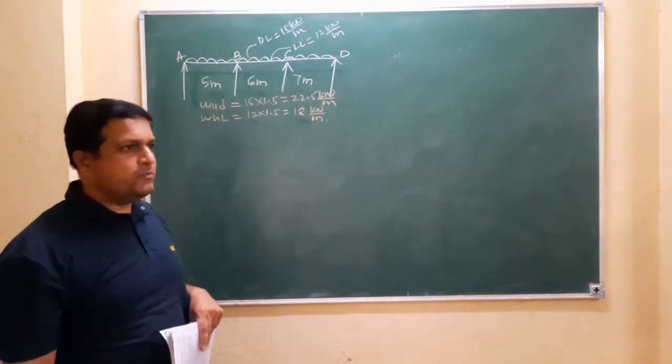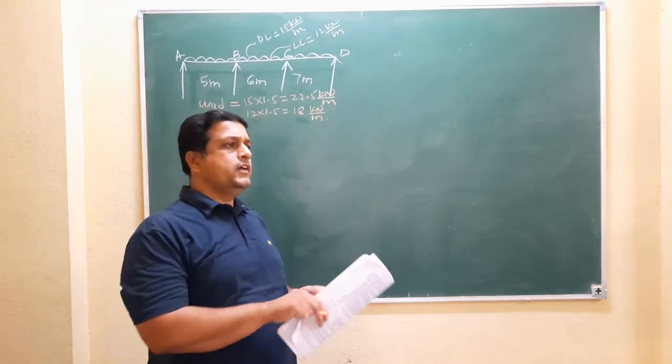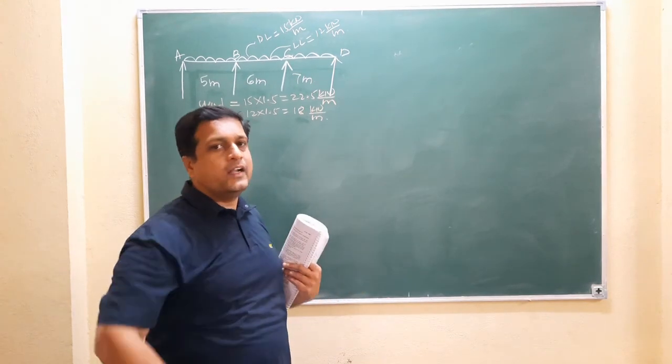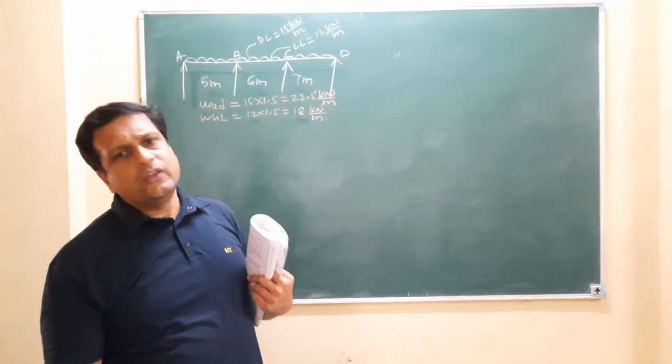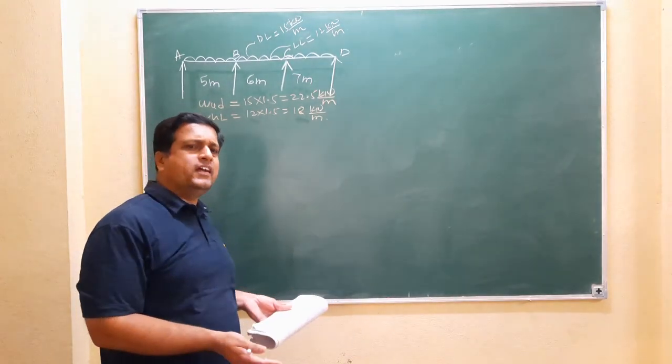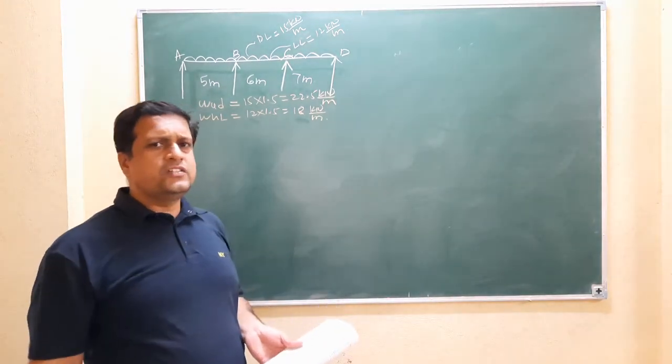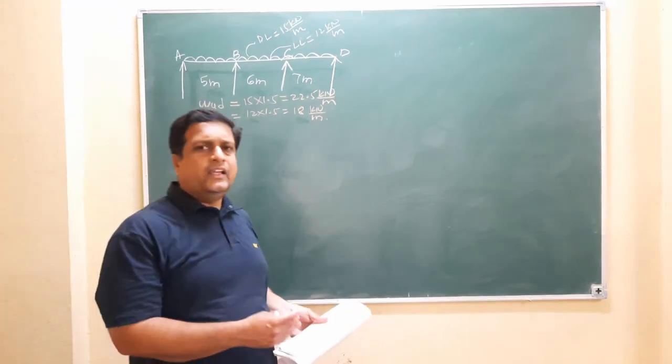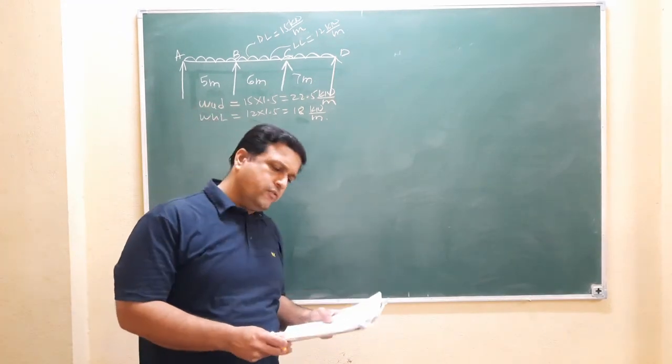In previous problem we have converted the bending moment to ultimate. You can use that approach, or you can directly first convert the load into ultimate condition, and then you have to use these direct load values in bending moment coefficients.